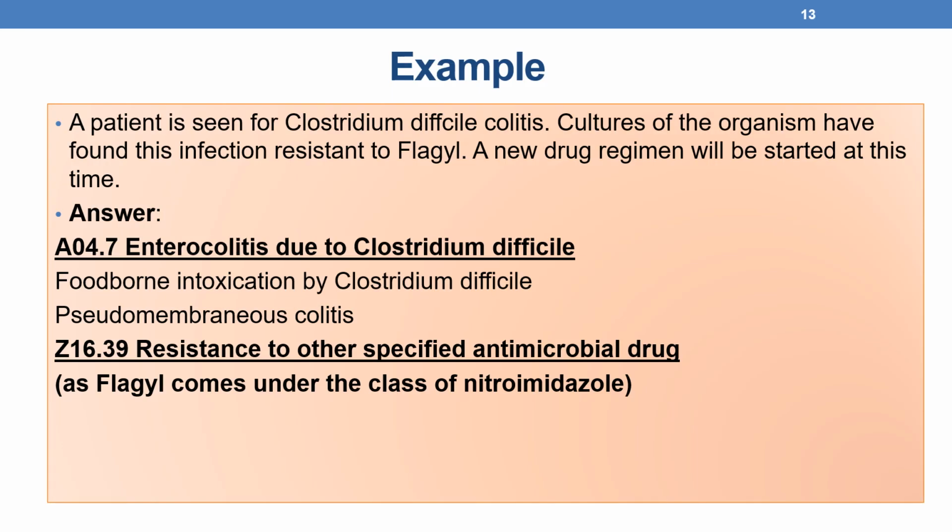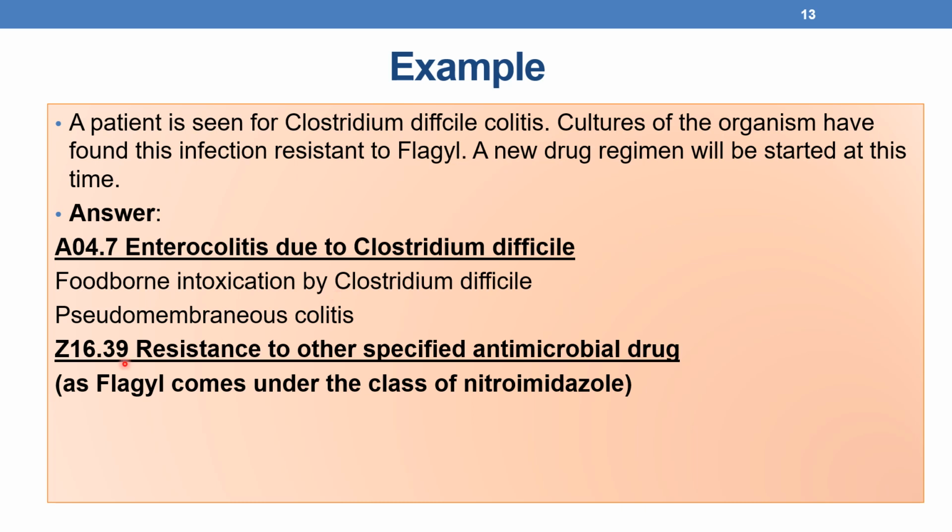Now let us see an example. A patient is seen for Clostridium difficile colitis. The cultures of the organisms have found this infection resistance to Flagyl. It is a drug. A new drug regimen will be started at this time. So here first you need to code the infection A04.7, enterocolitis due to Clostridium difficile.